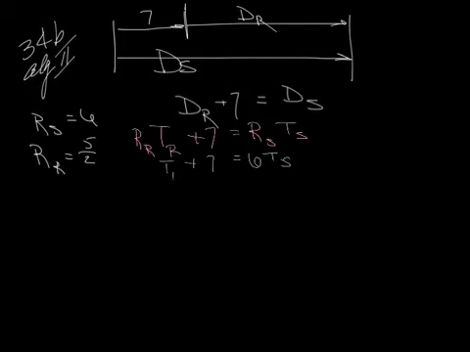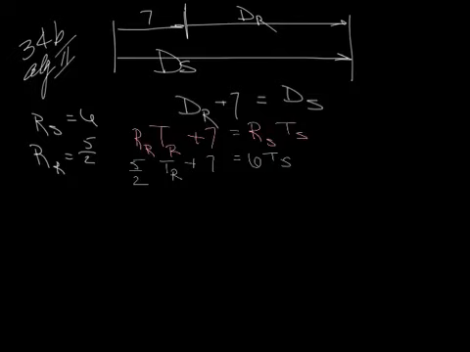We don't know time here, but we know the rate of Robin Hood was 5 halves. So 5 halves TR plus 7 equals 6 TS.